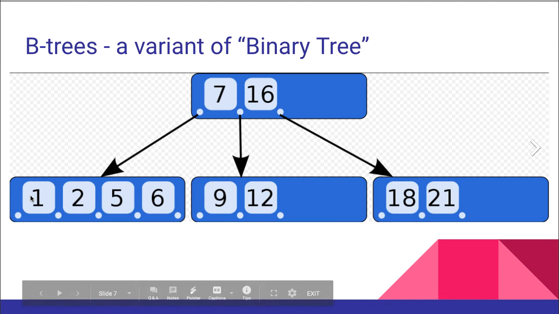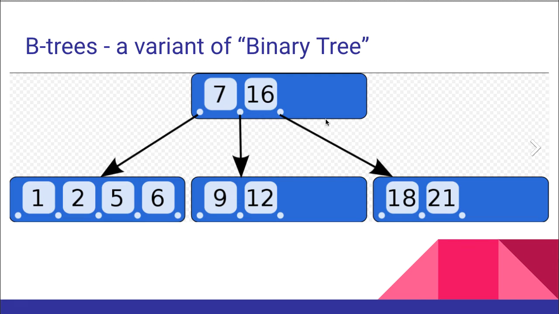And your node does not have to be full. You'll notice that some of these don't have full nodes of items inside, right? Each one should be about half full, but it doesn't have to be completely full because it makes inserting much, much easier, right?